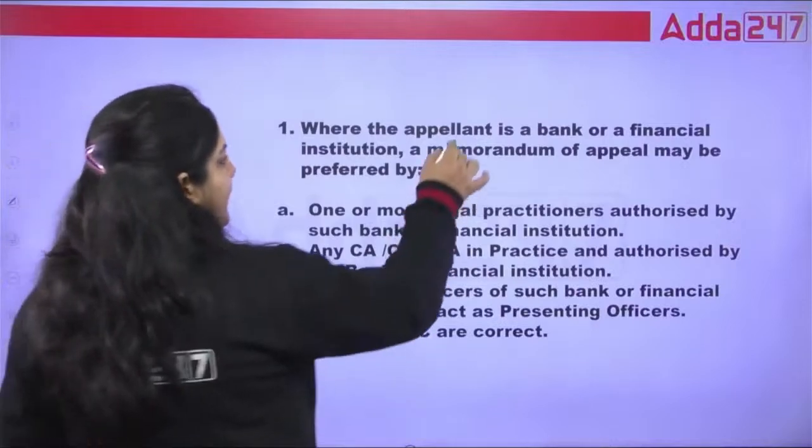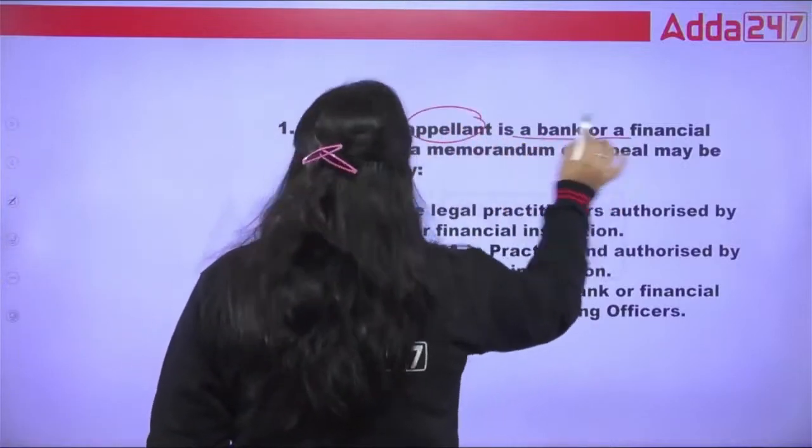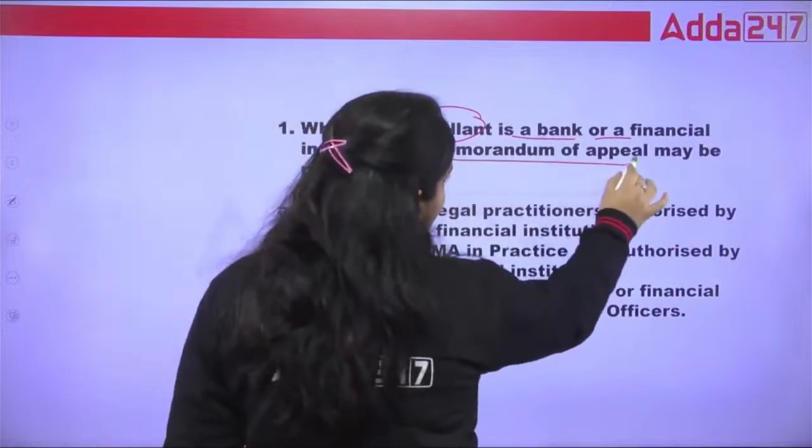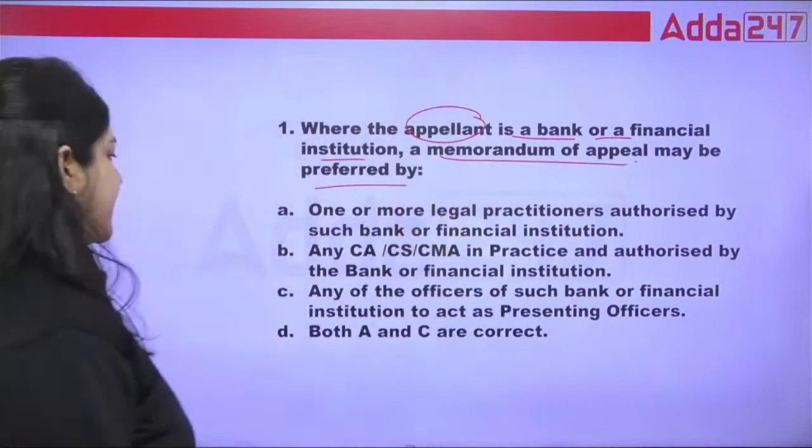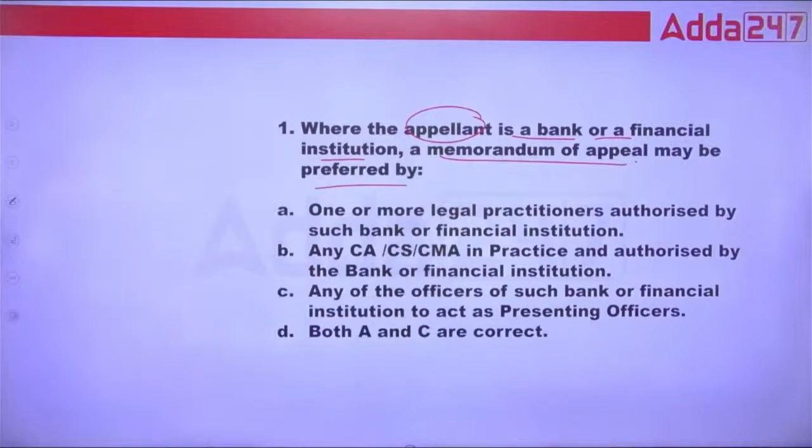Where the appellant is a bank or financial institution, a memorandum of appeal may be preferred by one or more legal practitioners authorized by such bank or financial institution; any CA, CS, CMA in practice; or any other officer of such bank or financial institution authorized to act as a presiding officer. Both A and C are correct. What is the right answer?